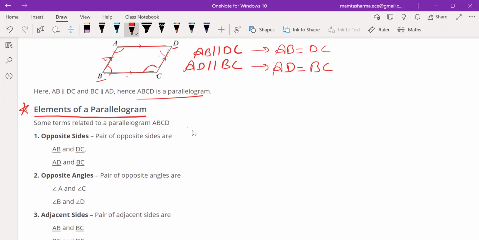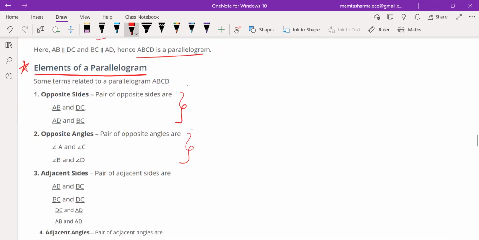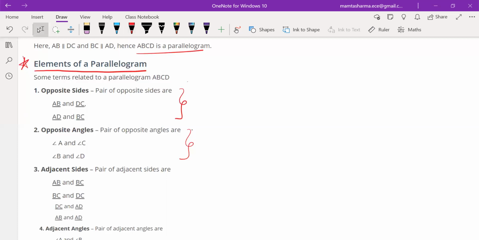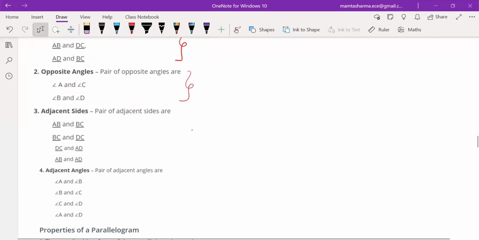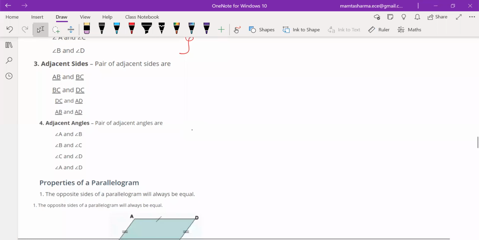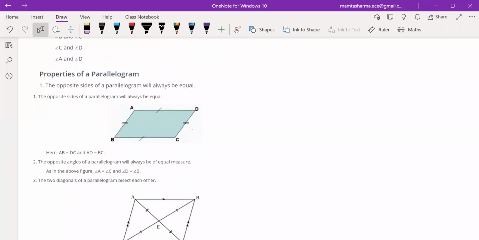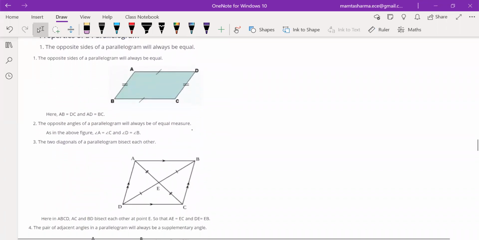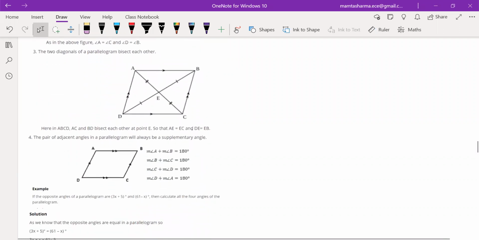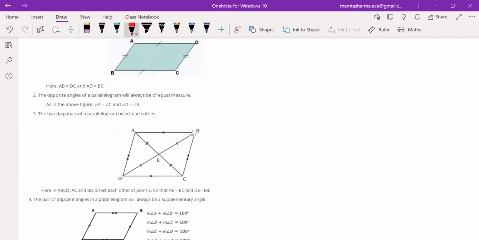So two things you can remember: opposite sides will be equal and opposite angles will be equal. This is the property of parallelogram. This is all about the sides.